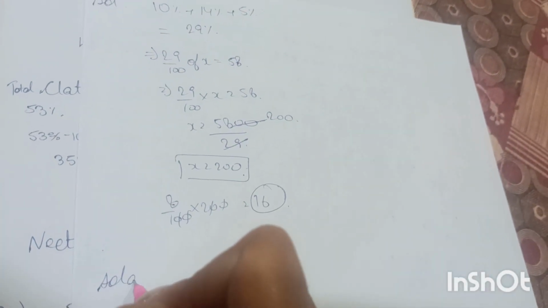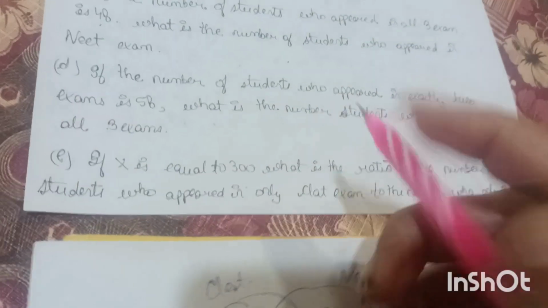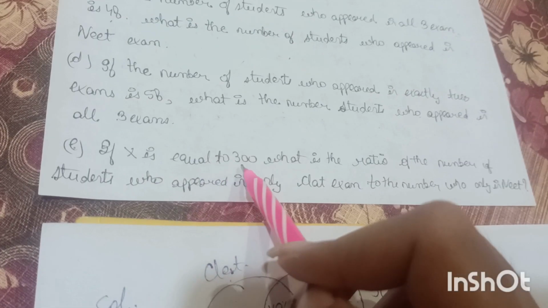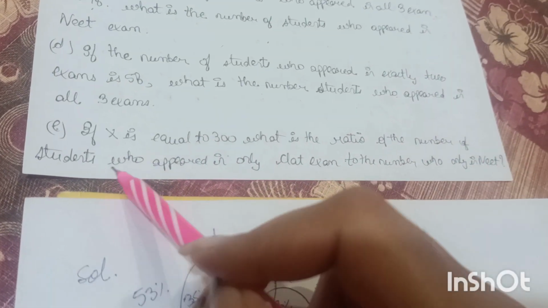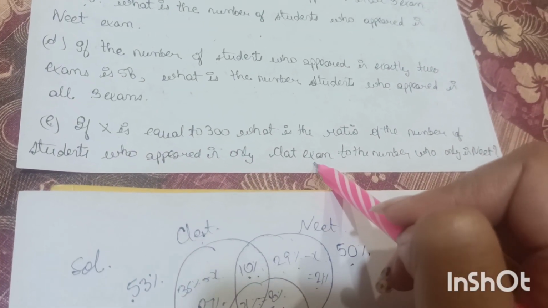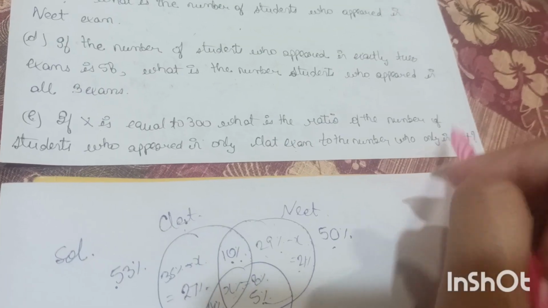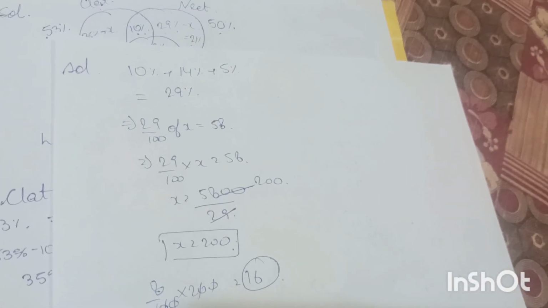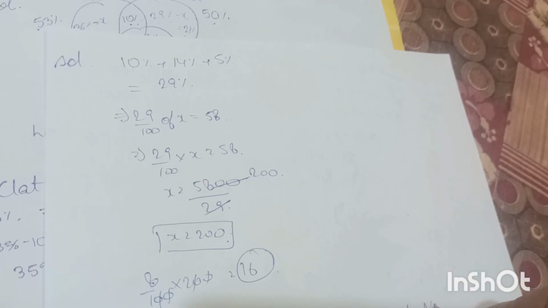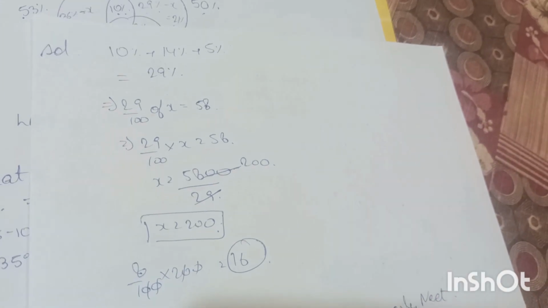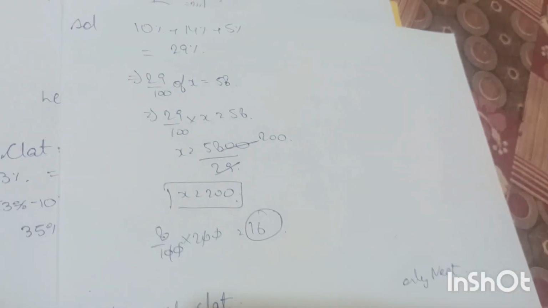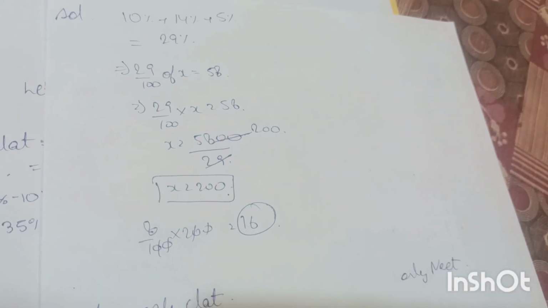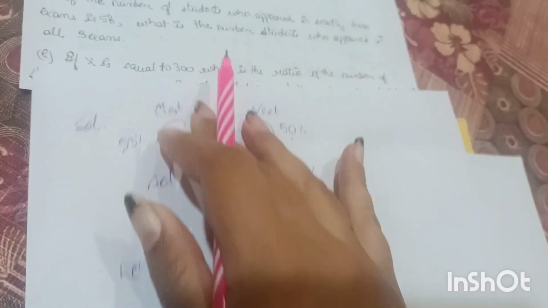Okay, so now for E, if x is equal to 300, what is the ratio of students who appeared in only CLAT examination and only NEET examination? So first let's find the value for only CLAT and only NEET. Only CLAT is given as 27%. So 27 upon 100 into 300, because we have been given x is equal to 300.